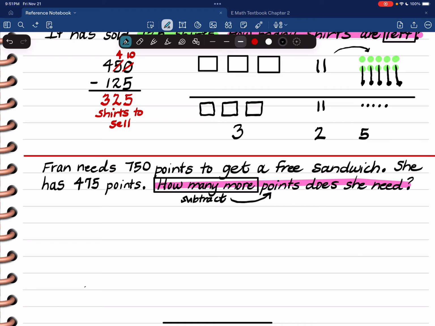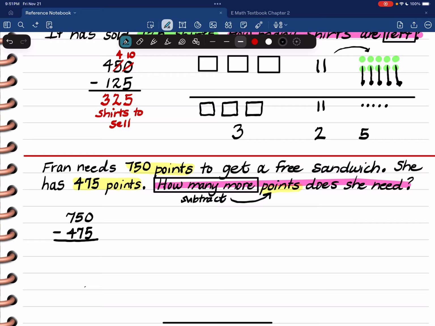So when I look back here in my sentences, I see 750 points and I see 475 points, and I know that it's points I need to find. So it's pointing me to what I need to do. So we have 750 minus 475.